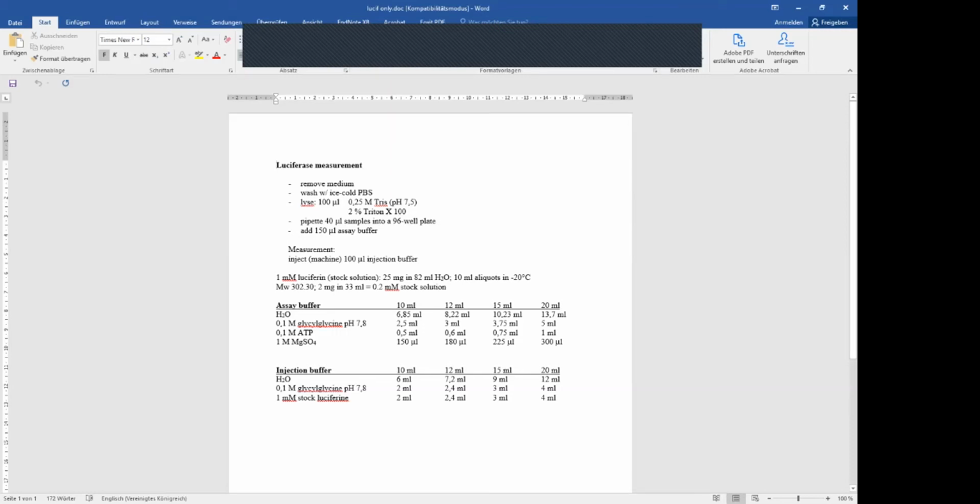So you take 40 microliters from 100 microliters of lysate. Why this volume? Because if you mix it with 150, this gives you 190, and then 100 microliters of the injection buffer is added in the instrument, altogether 290, and the maximum volume for a 96 well dish is 300 microliters per well.